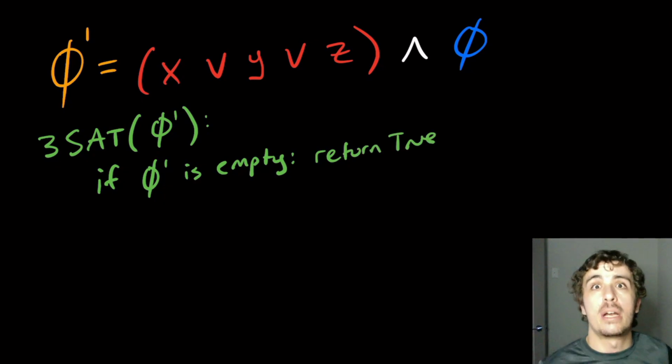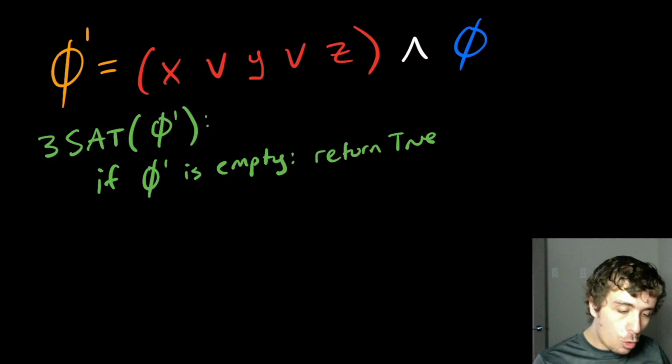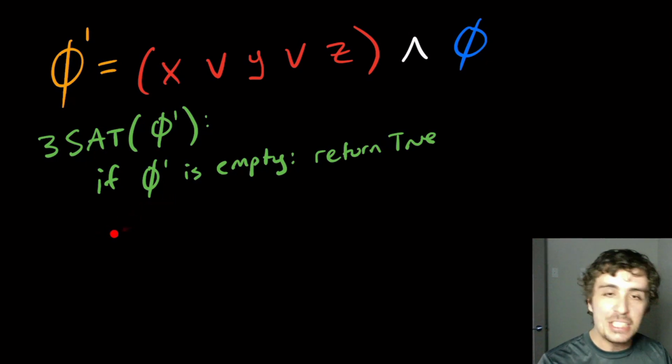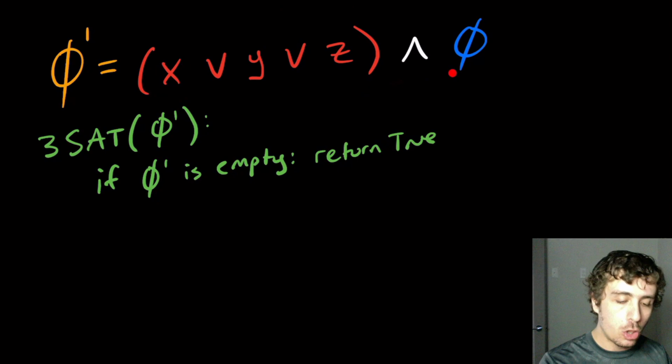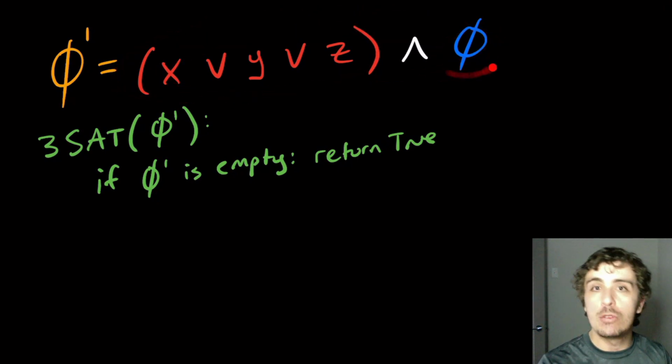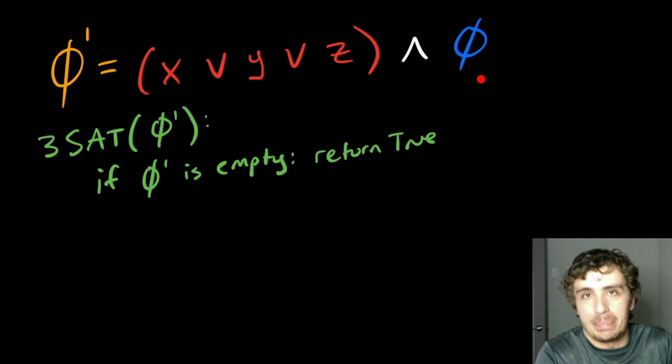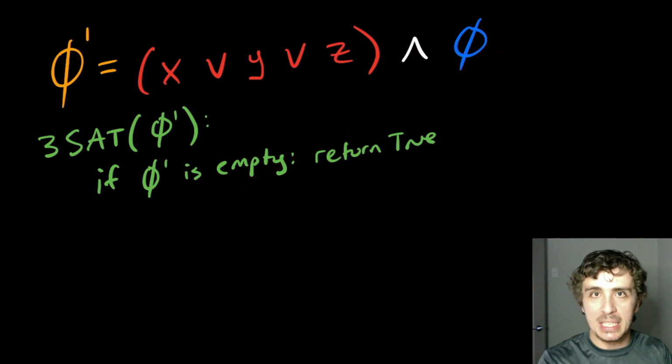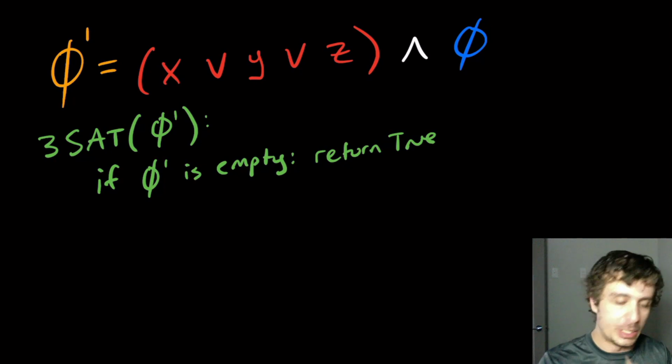Otherwise, it must have at least one clause and must look something like this. It must be some clause anded with something else. Maybe this is empty too, and maybe we could have a base case for that, but it turns out it's not necessary.